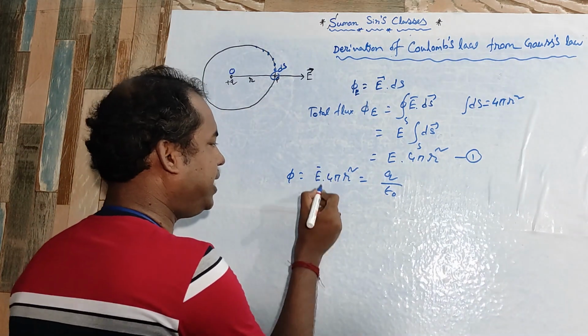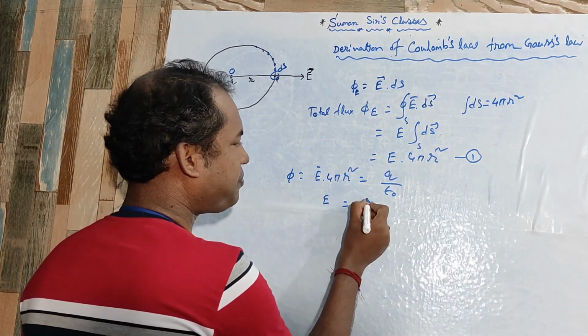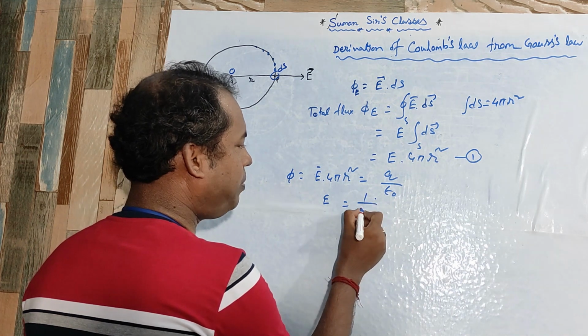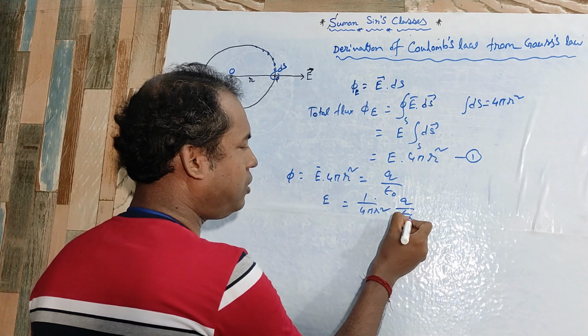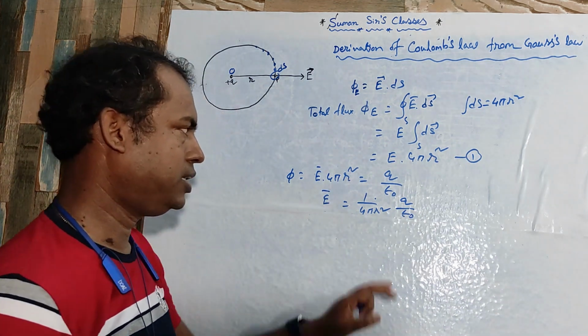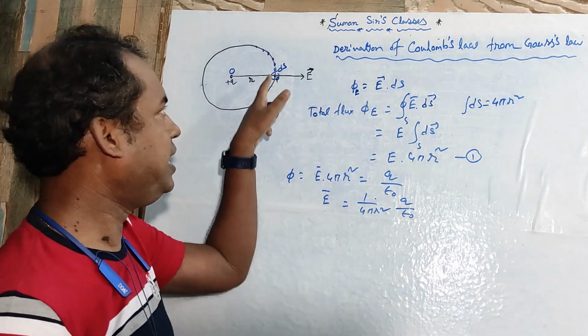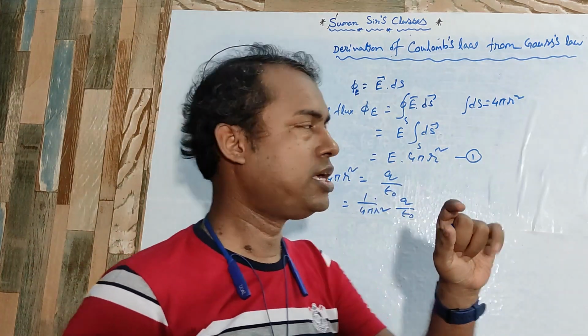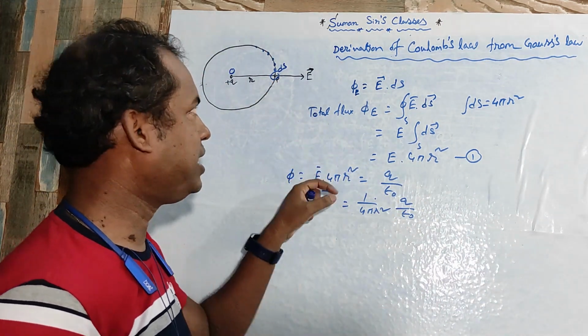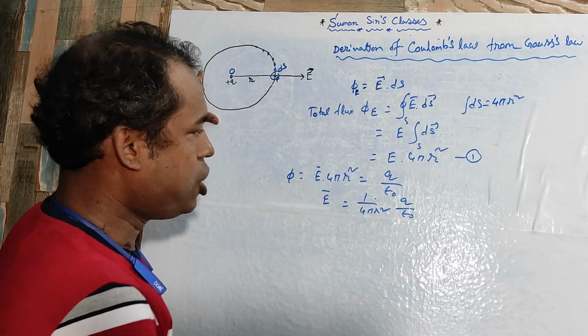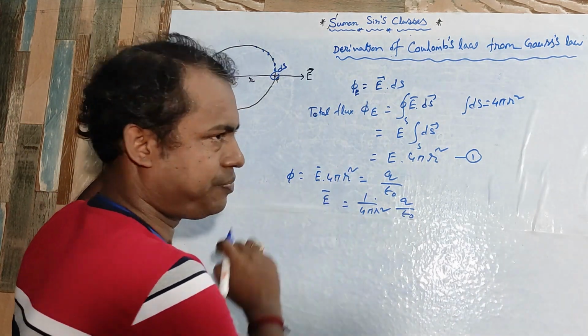So we write E equals 1 by 4 pi r square into Q by epsilon naught. So this one is the value, the electric field over the surface of the sphere. Okay, so this is the total electric field.